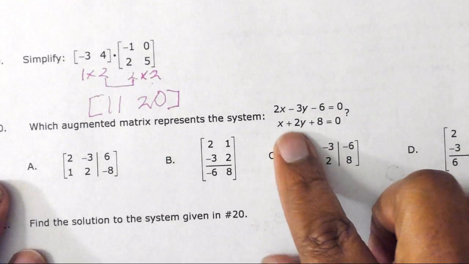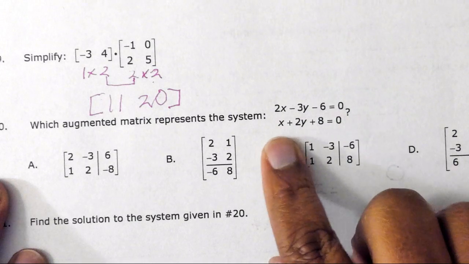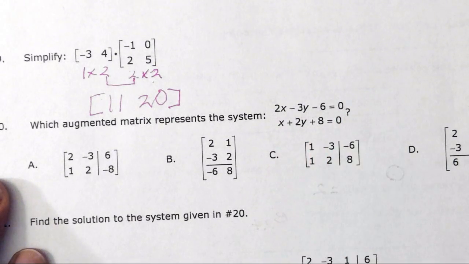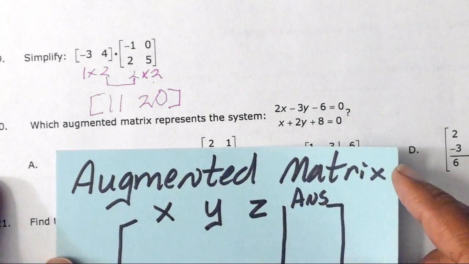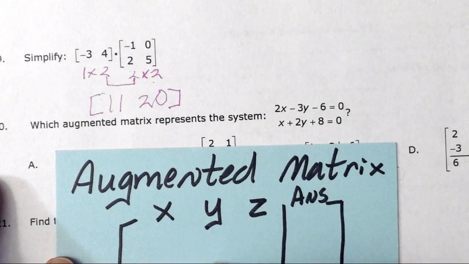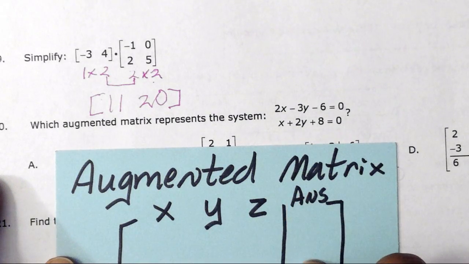Here, we're given the system 2x minus 3y minus 6 equals 0, and x plus 2y plus 8 equals 0. Again, we want to line everything up. Make sure x's are with x's, y's are with y's, z's are with z's, and our constants are all over here.